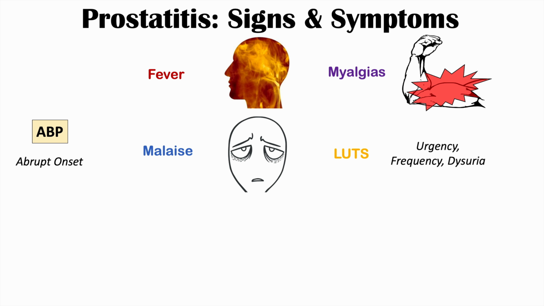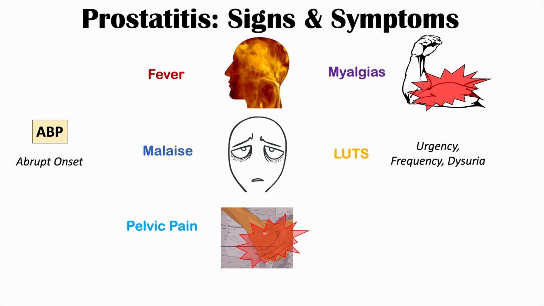You feel like you really need to urinate very quickly. Urinary frequency is when the number of times you need to use the washroom increases. And then dysuria is a burning sensation when urinating. These are the symptoms of urinary tract infection, and these are the LUTS or the lower urinary tract symptoms.